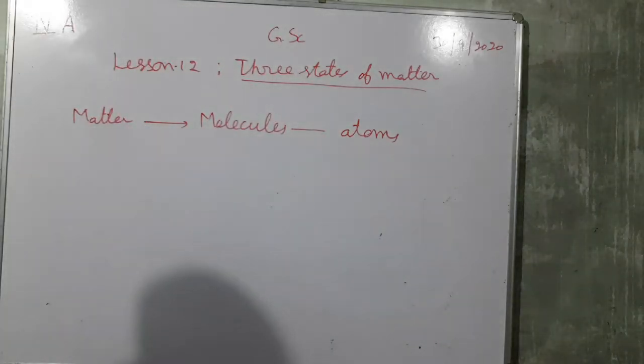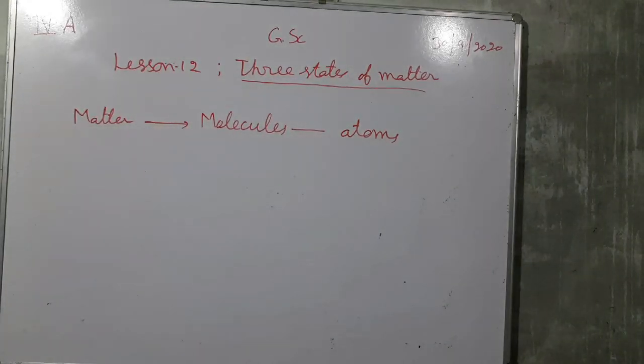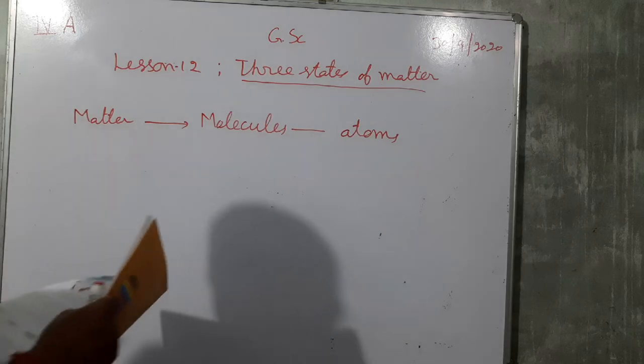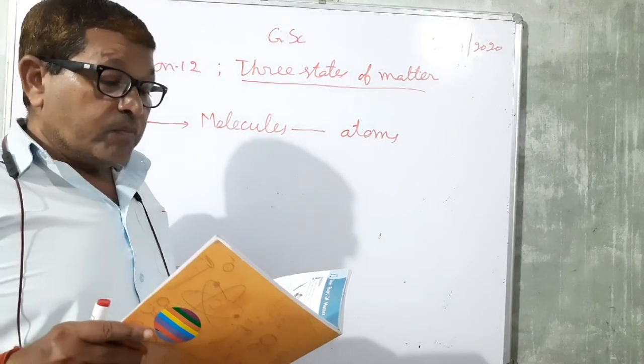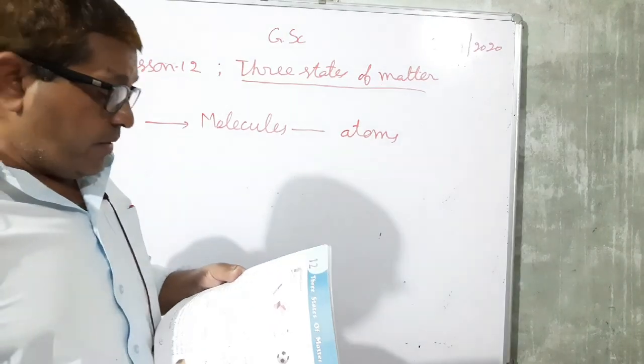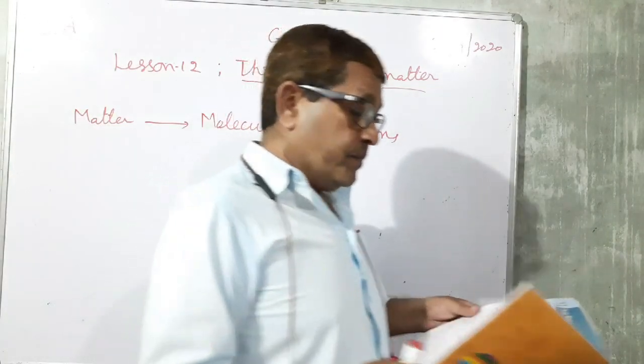Matter exists in three states. These states are solids, liquids, and gases. We have to discuss them one by one. First, solid.